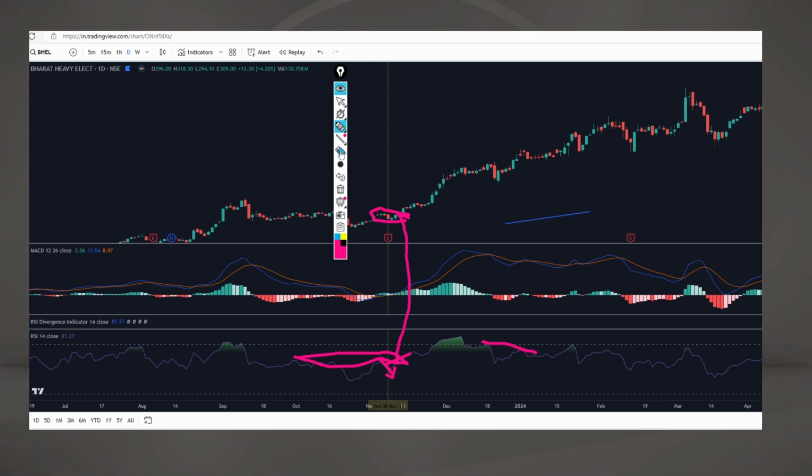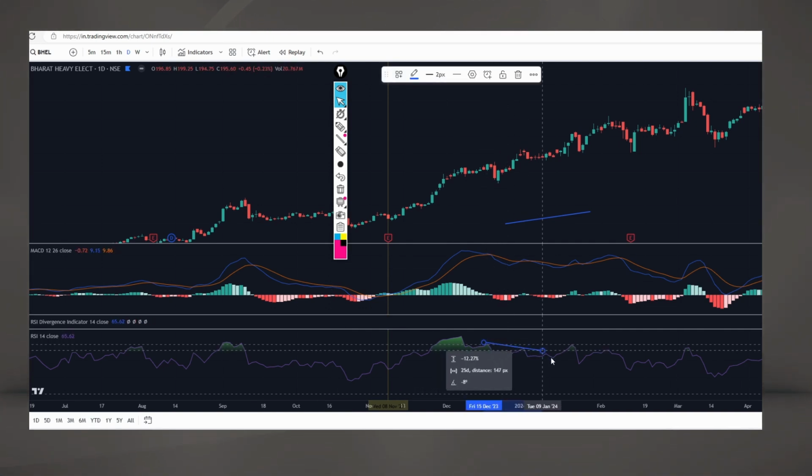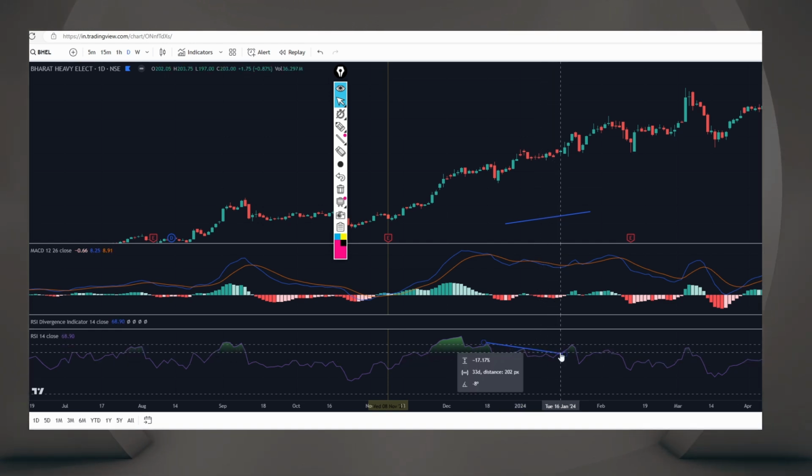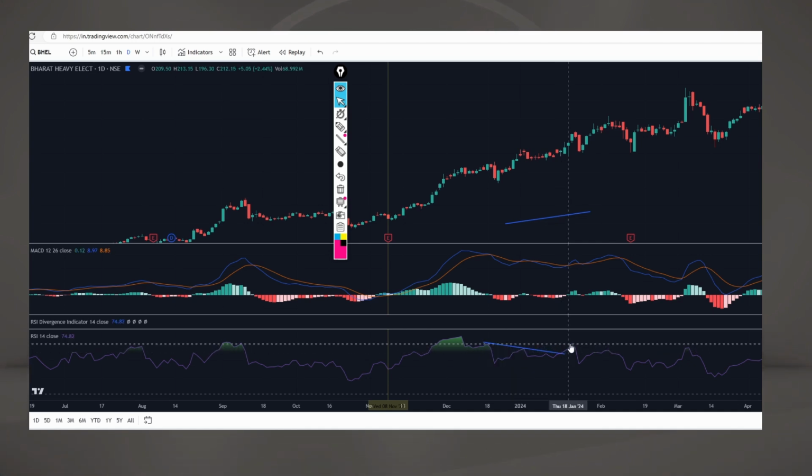No. So there are two peaks which are formed here, right? And when it breaks above this peak, it's called a failure swing, right?